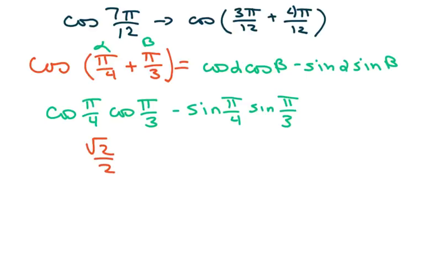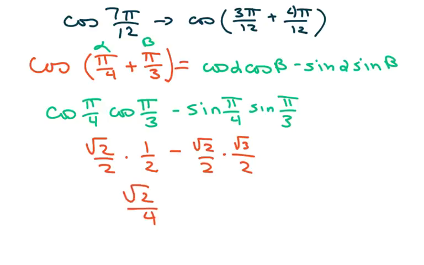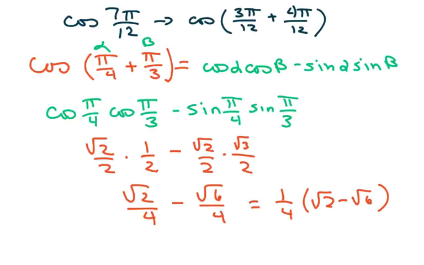Cosine of pi over 3 is 1/2, minus square root of 2 over 2 times the square root of 3 over 2. So this is going to be square root of 2 over 4 minus square root of 6 over 4. And this equals 1/4 times the square root of 2 minus the square root of 6.